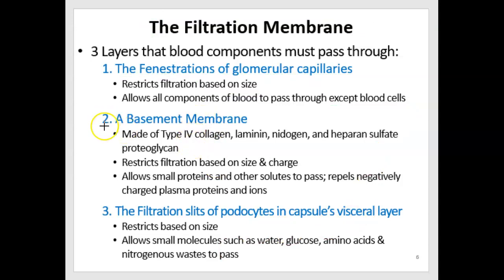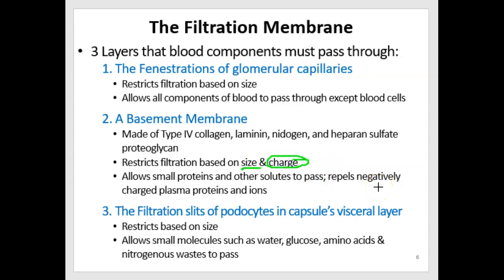Then there's a layer called the basement membrane, and it's made up of collagen and some other proteins, laminin, nidogen, and heparan sulfate proteoglycan, which is a carbohydrate-protein mixture. You can think of it as like any epithelial basement membrane, and it restricts filtration based on size, because to get through this proteinaceous network, the bigger you are, the more hindered you are, but also based on charge.